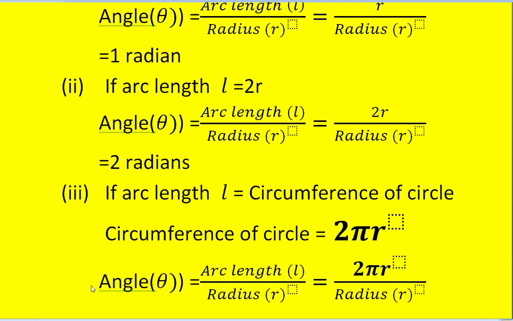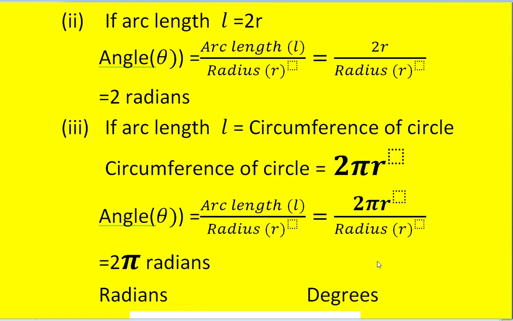So now we can calculate the plane angle. Theta is equal to arc length divided by radius r. In place of arc length we replace 2 pi r, and in the denominator we have another r. These get cancelled, and we get the plane angle is equal to 2 pi radians.